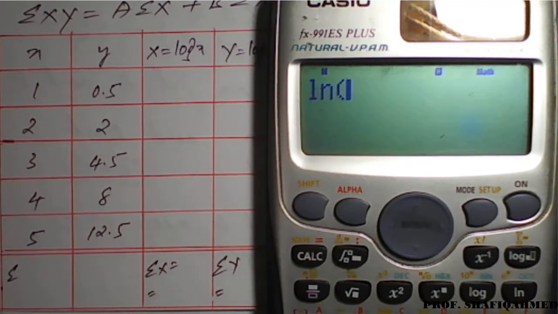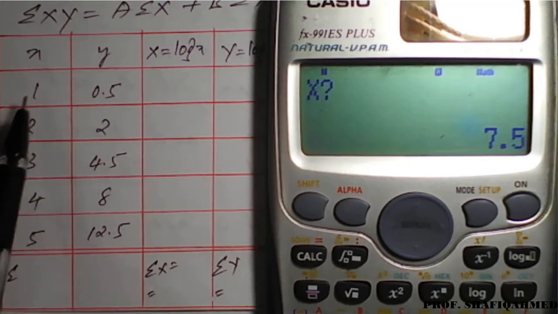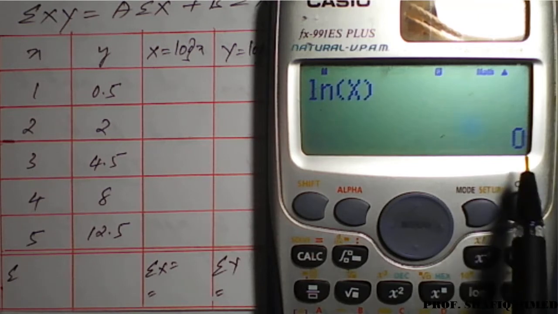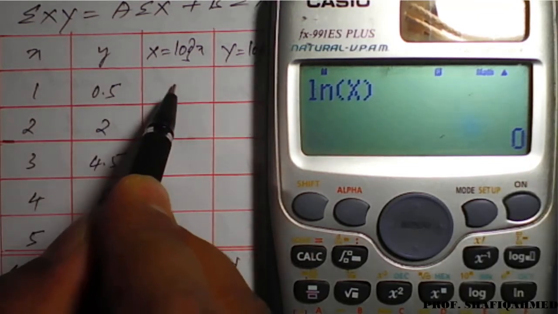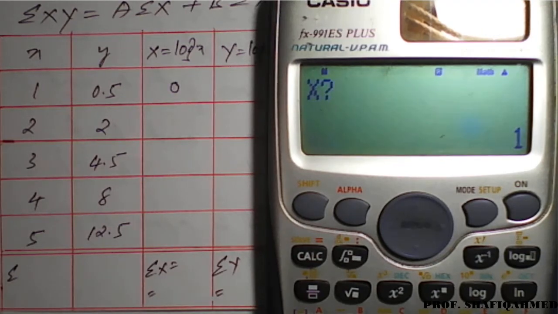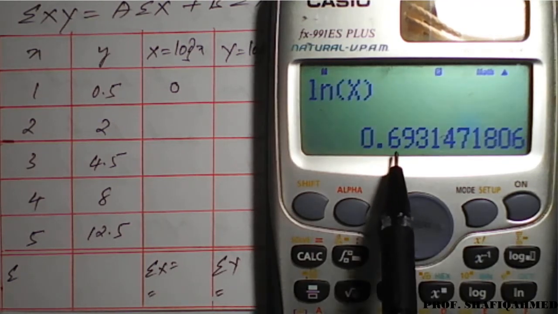So ln of x, close the bracket, and go for the calc option. It will ask the value of x. When x is 1, press equal to, and the answer is 0, so write 0. When x is 2, put x is equal to 2 and press equal to.